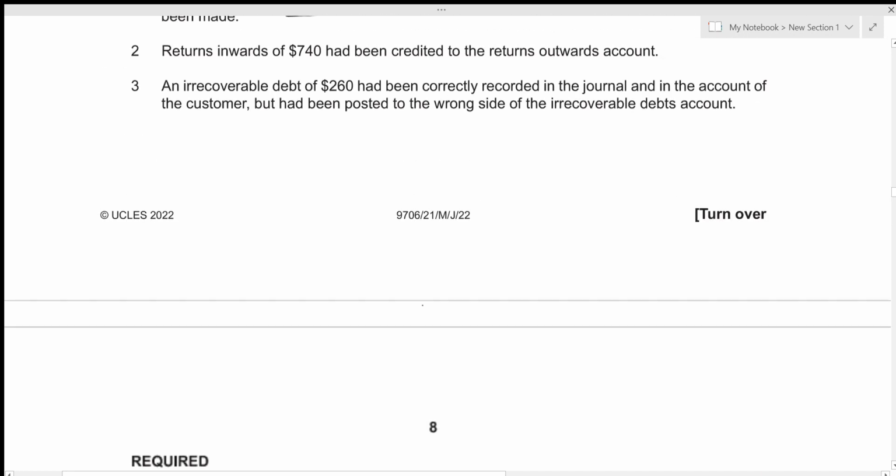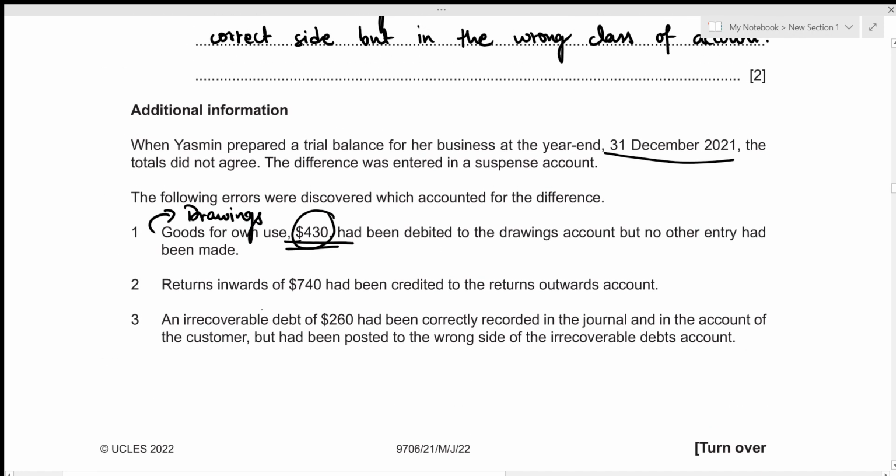Let's move to the second error. Returns inwards of 740 had been credited to the returns outwards account. So this 740 should have been included in the returns inwards. We need to add the 740 to the returns inwards account, and returns inwards is basically the sales returns, which is always recorded on the debit side.